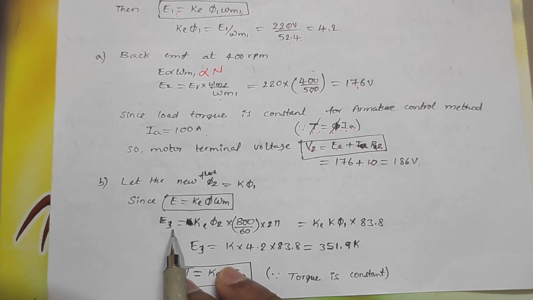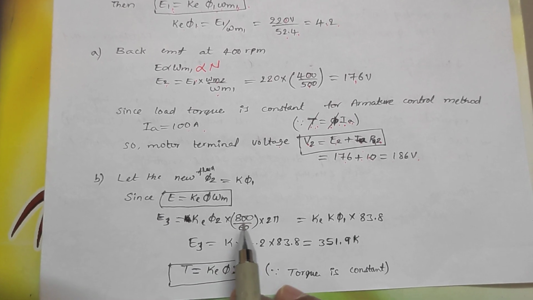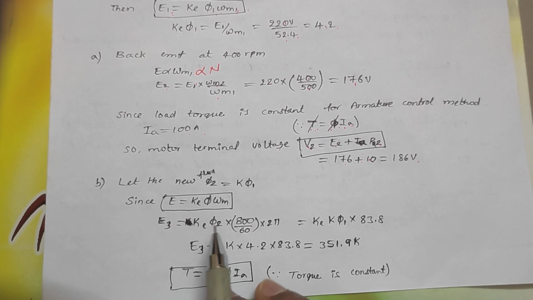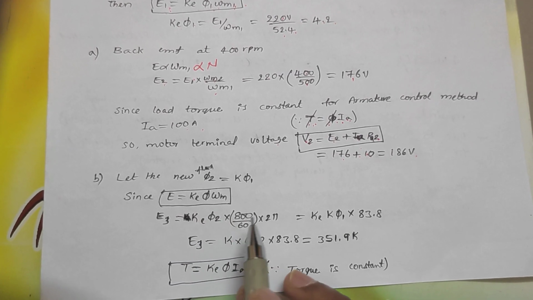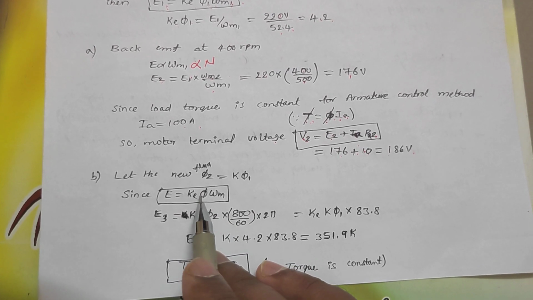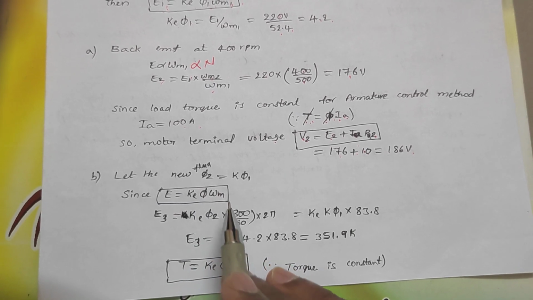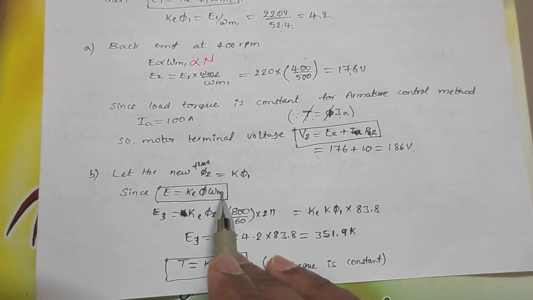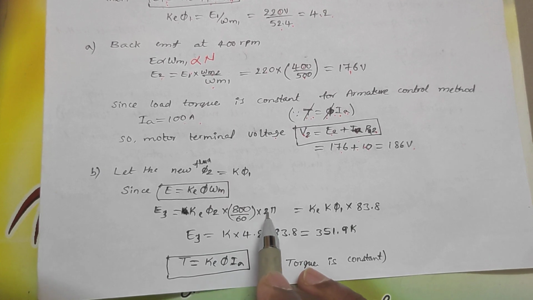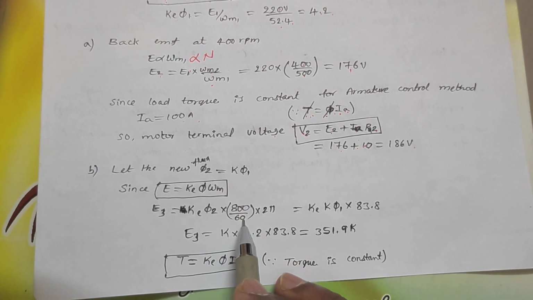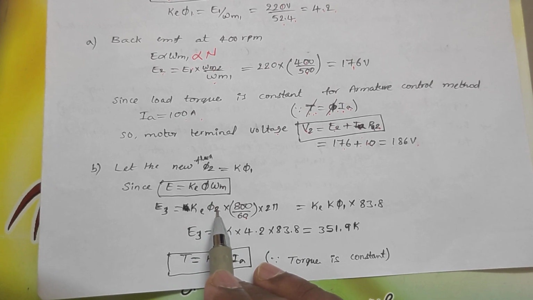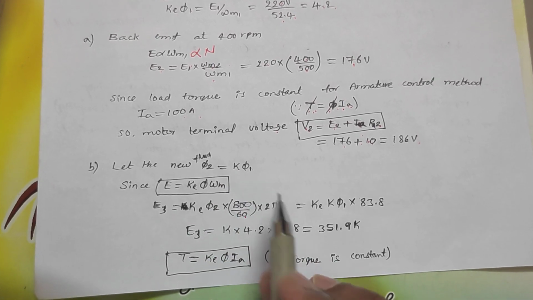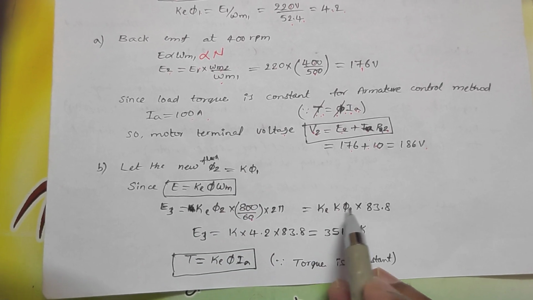E3, that is the new back EMF with respect to 800 rpm, is equal to Ke into phi 2 into omega m. That omega m we need to take with respect to 800 rpm, 2 pi N by 60. From here you will get Ke into phi 2, right? What is phi 2? Phi 2 is equal to K into phi 1.